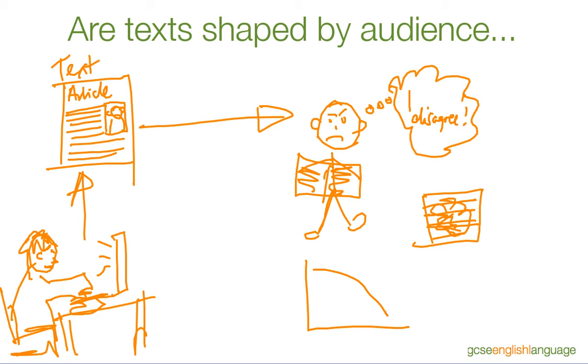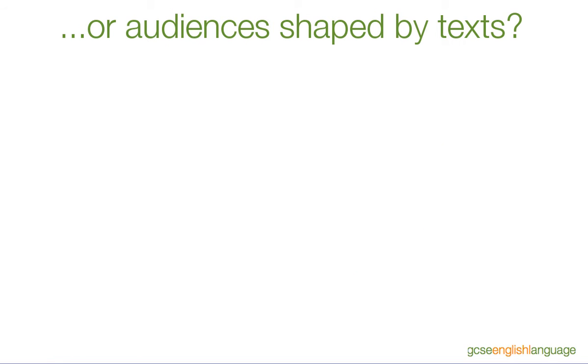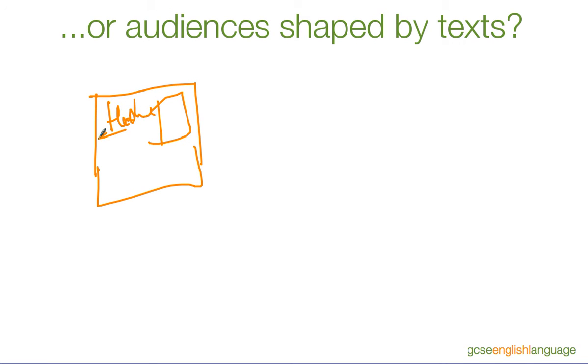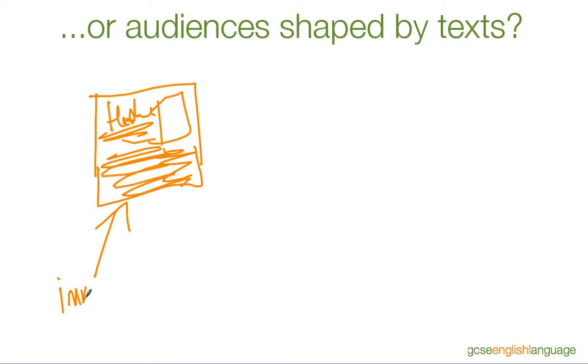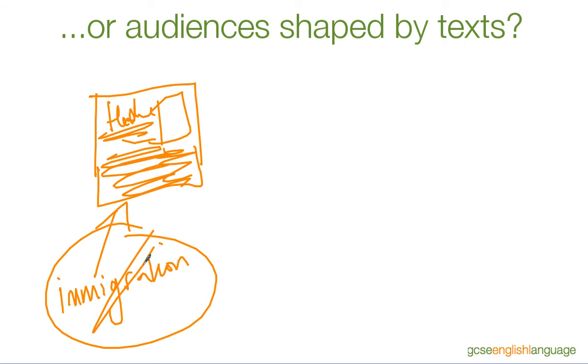But we could also say the opposite. We could potentially also say that audiences are shaped by texts. Because if you've got this newspaper article, or this internet web page, and it's saying certain things about, let's say, immigration, that immigration is bad, that we should stop immigration.